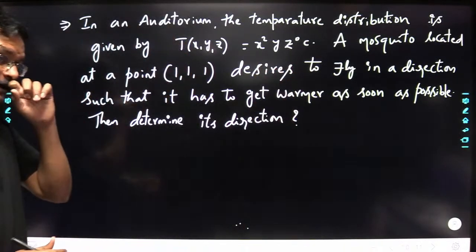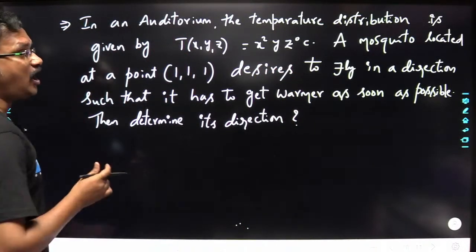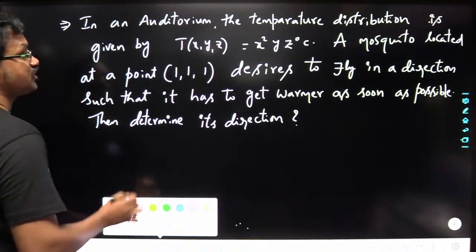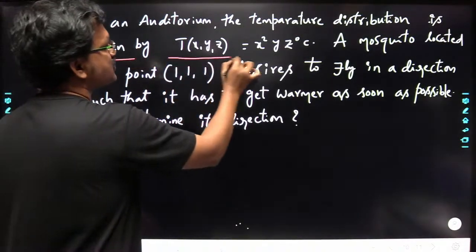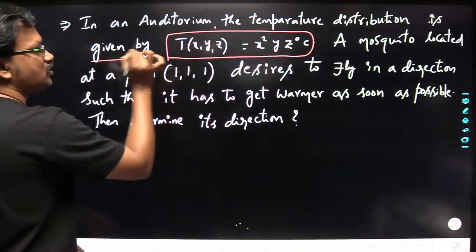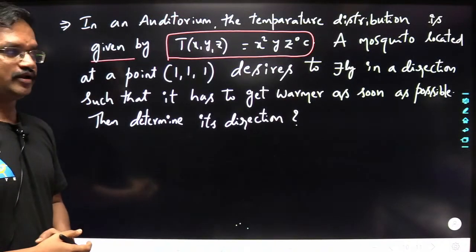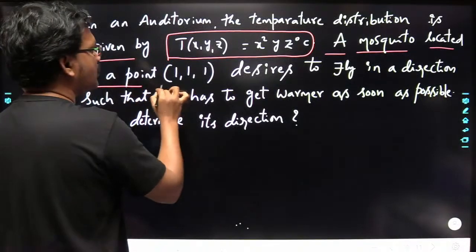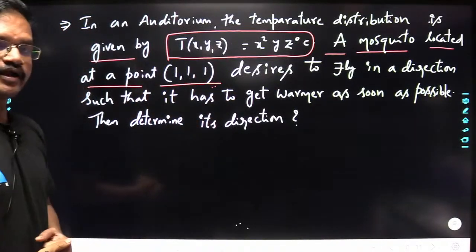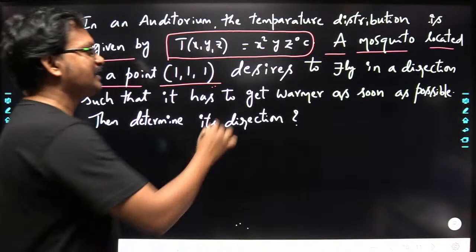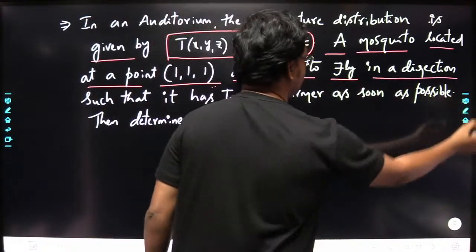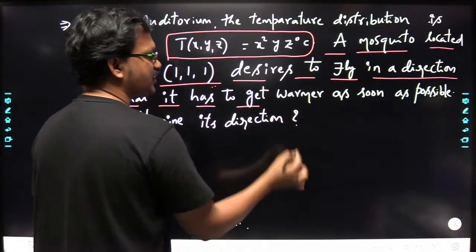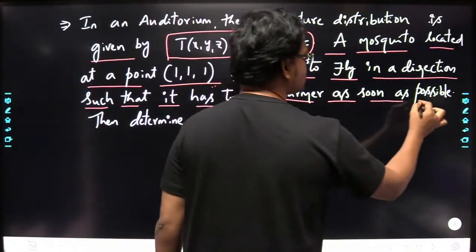Okay, so what they are asking here? In an auditorium, the temperature distribution is given by T of x comma y comma z is equal to x square yz degrees centigrade. A mosquito located at a point 1, 1, 1 decides to fly in a direction such that it has to get warmer as soon as possible.